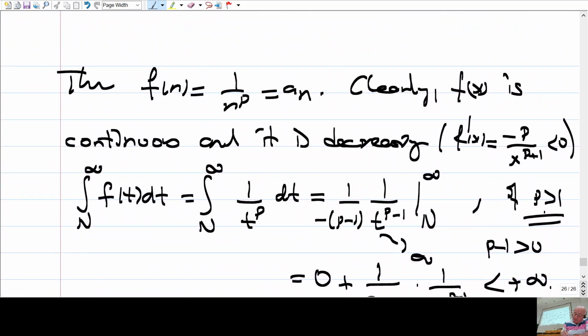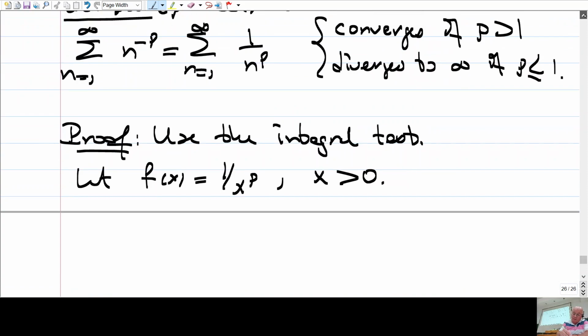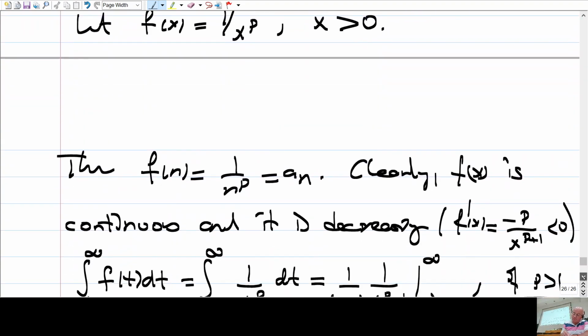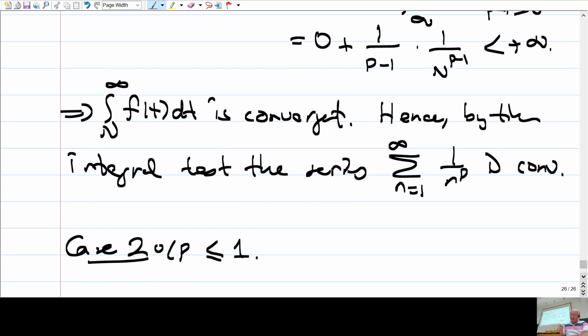So this is the case where p is larger than 1: if it is larger than 1, then it is convergent. And that was our claim, right? This is convergent if p is larger than 1, divergent if it is less than or equal to 1. I did half of it. We will do the other half next time. Sorry, I took your 5 minutes. Let me stop.